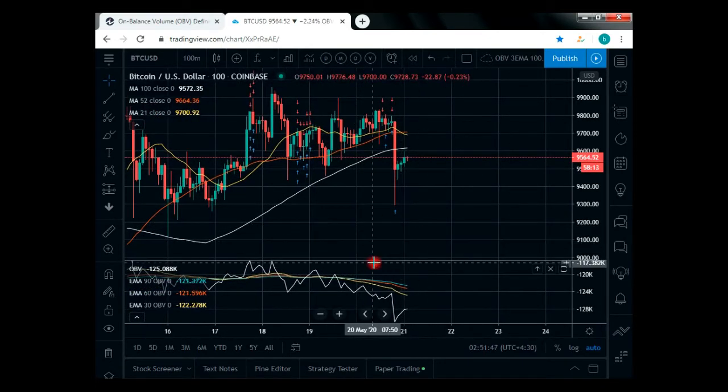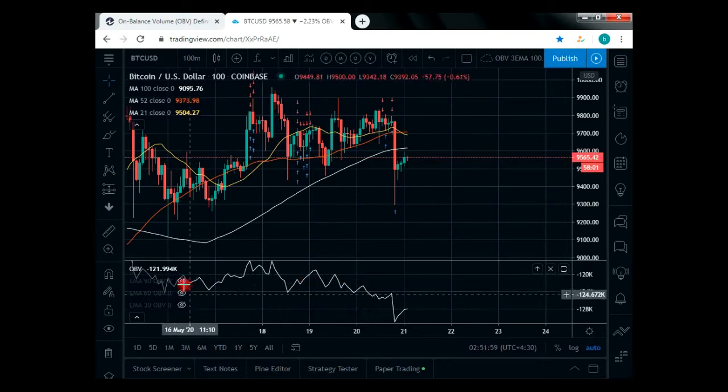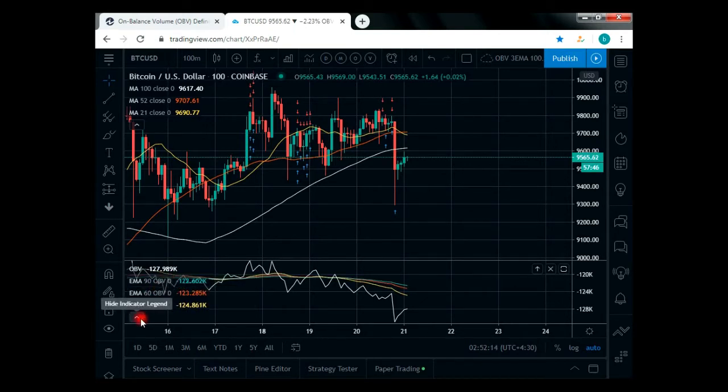Okay, let's take a look at what we want to show you today. As you see on the On Balance Volume, I've added 3 exponential moving averages of 30 periods, 60 periods, and 90 periods.